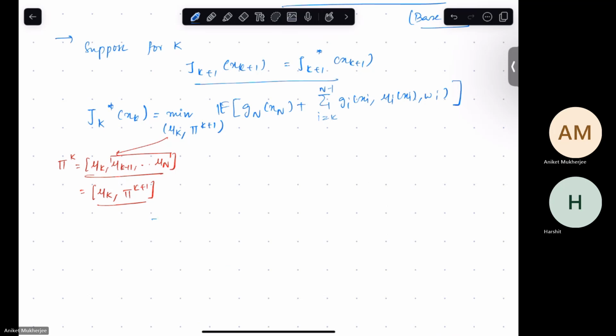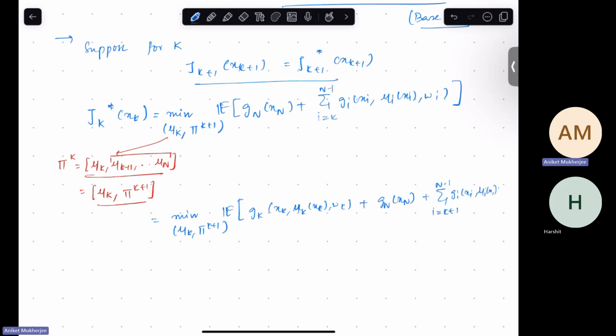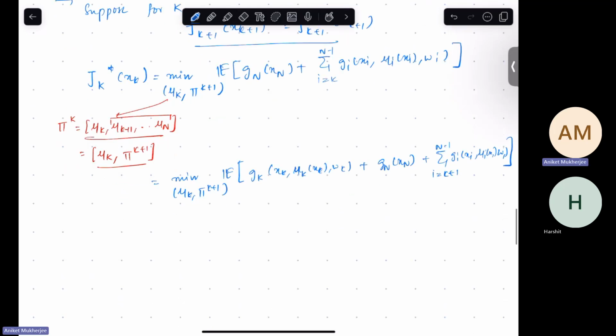Now I'll rewrite these terms. The expectation of, I'll pull out the first term, the gk term: gk of xk, mu k of xk, wk, plus gn of xn, plus the summation for i equal to k plus 1 to n minus 1 of gi of xi, mu i of xi, wi.